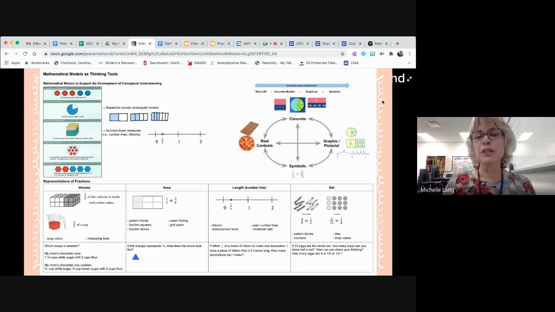So we need to make sure they have opportunities for all of those so that we can get them to that level of abstraction, the symbolic, and fluency with the symbolic. Across the bottom, it reinforces those models that I talked about in the previous slide: measurement, volume and area, the number line as a length, and then the set model. And there are some sample problems there as well.